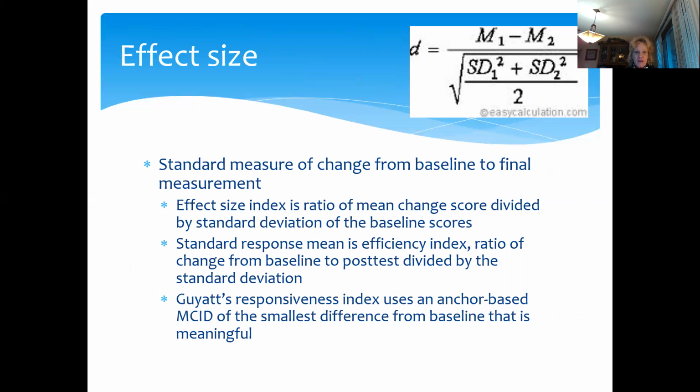And then the last thing that we need to talk about as we are talking about statistical approaches to validity is effect size.